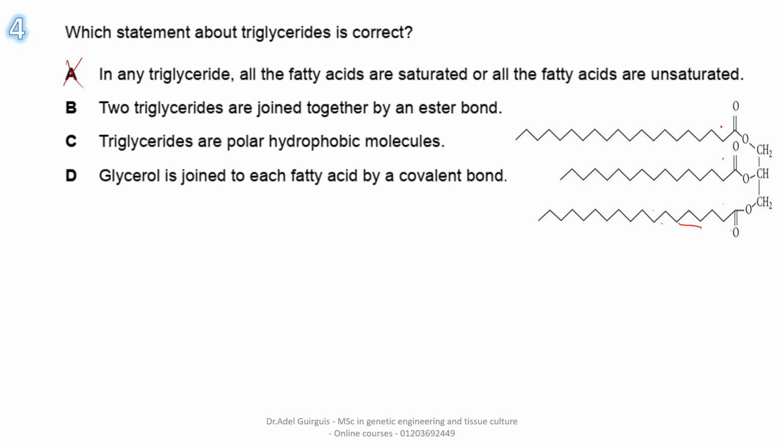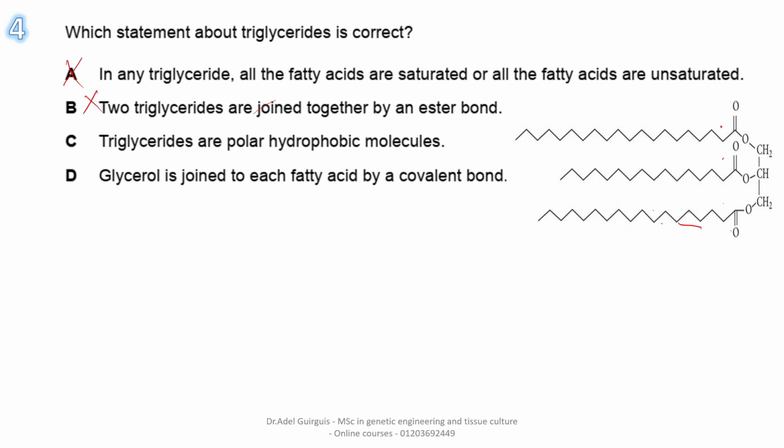Triglyceride is a monomer but a large molecule. It is the monomer, the basic unit of oil and fat, but it is large. It is called a macromolecule. But all lipids are not polymerized. They are not considered polymers. So no repetition, no joining between 2 molecules of triglycerides. So B is wrong also.